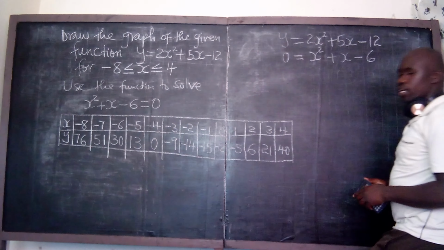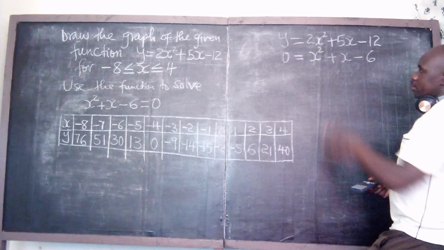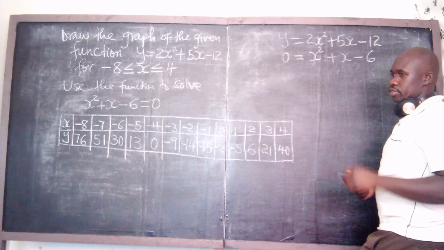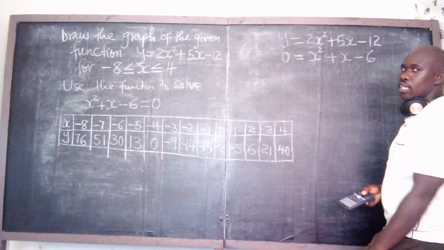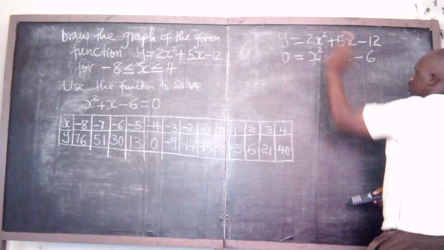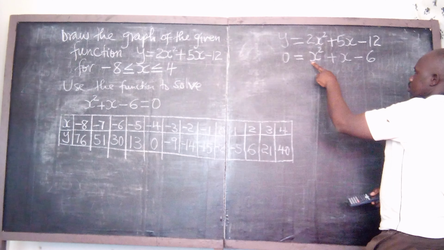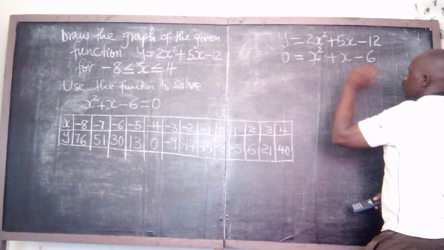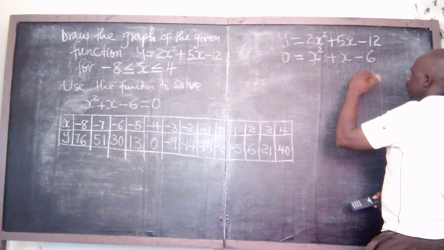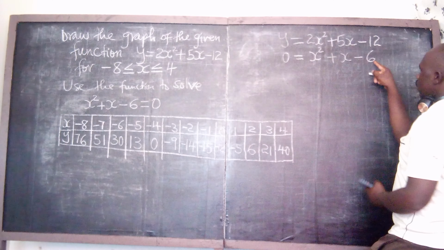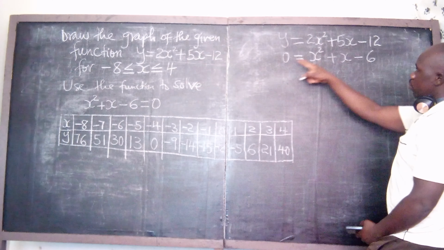But there's one thing I want to do here so that we are able to eliminate the coefficient of x squared and remain with our linear function. Here I can see 2x squared, here it is x squared, so I need to make these terms the same. It is easier for the second equation, so I can multiply it by 2.